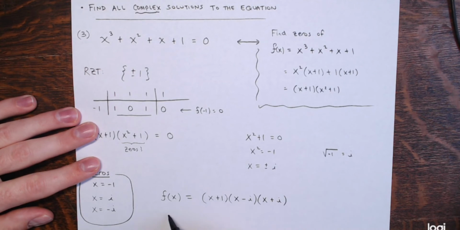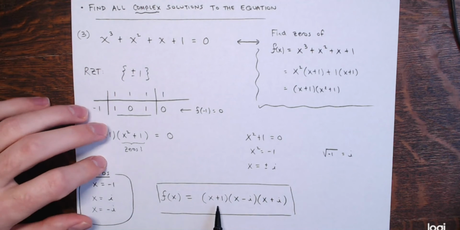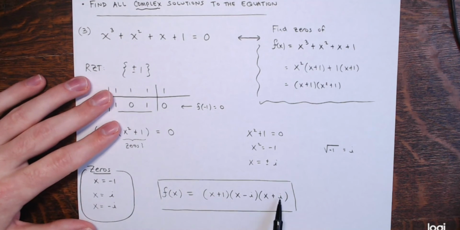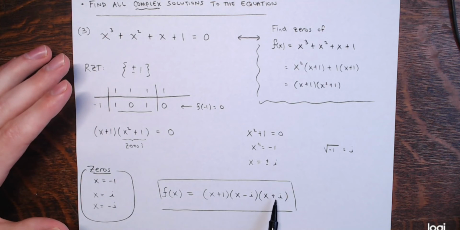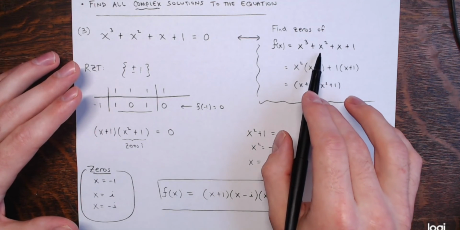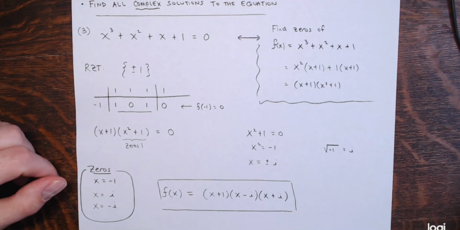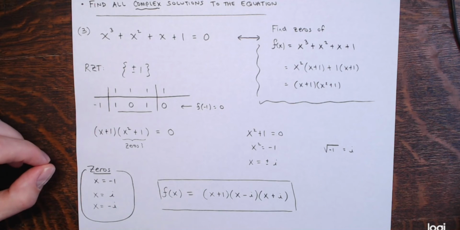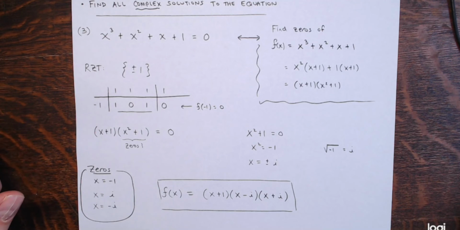And there's another way to express that polynomial. If you were to multiply these out and combine like terms, you'd end up with x cubed plus x squared plus x plus 1. Again, I'll leave that to you. You should know how to multiply polynomials anyway.